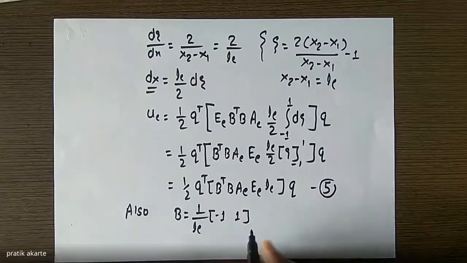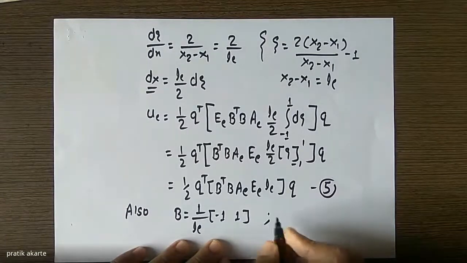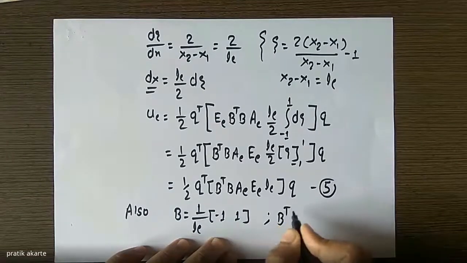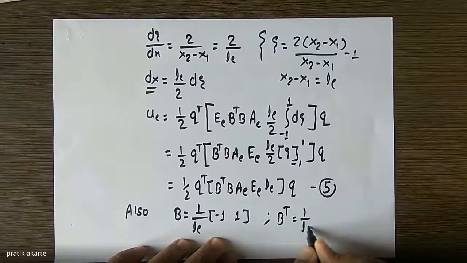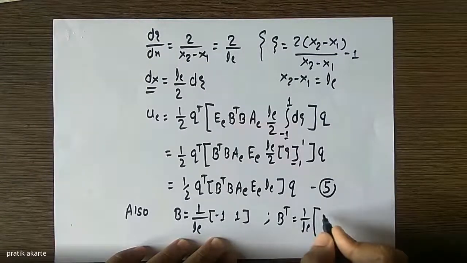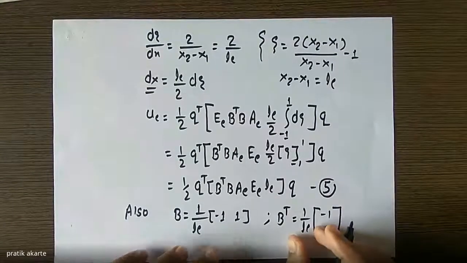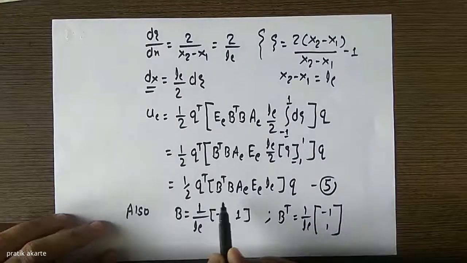Now B transpose is 1 upon Le times minus 1, 1. So why am I writing this?